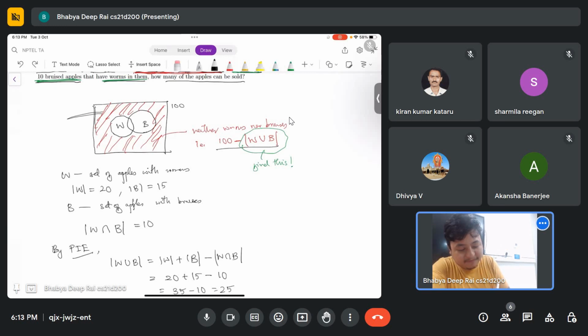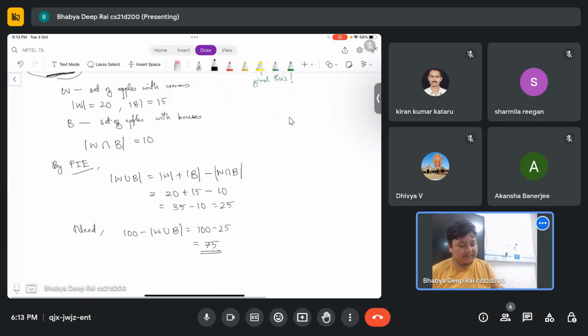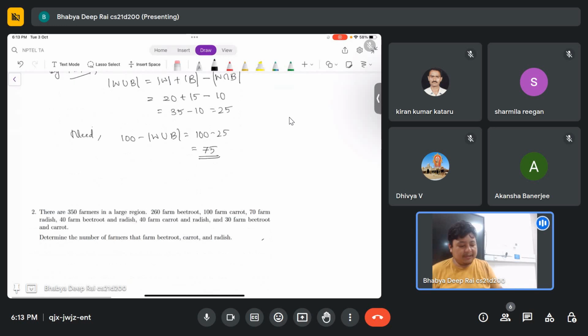So this is also what is called W union B complement, right? Or it is also equal to W complement intersection B complement by De Morgan's law. We are going to use this fact later on, so I'm just mentioning it right away. But even if you don't understand why this is the case, it's not a problem. We'll handle it later. I hope the general idea is clear. So let's move on.